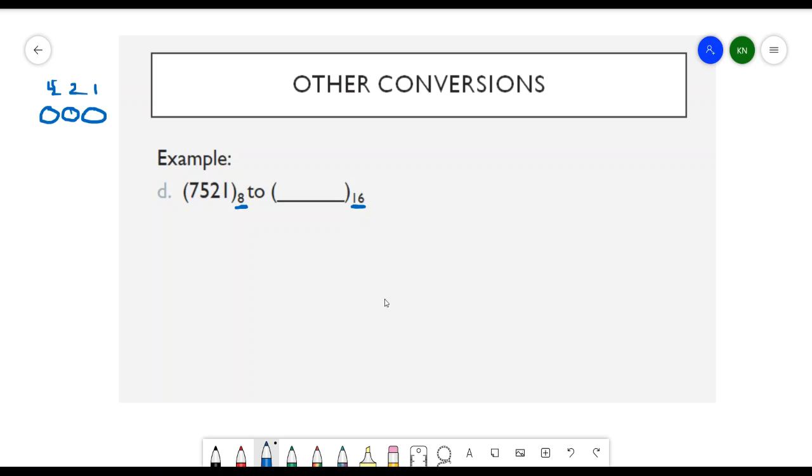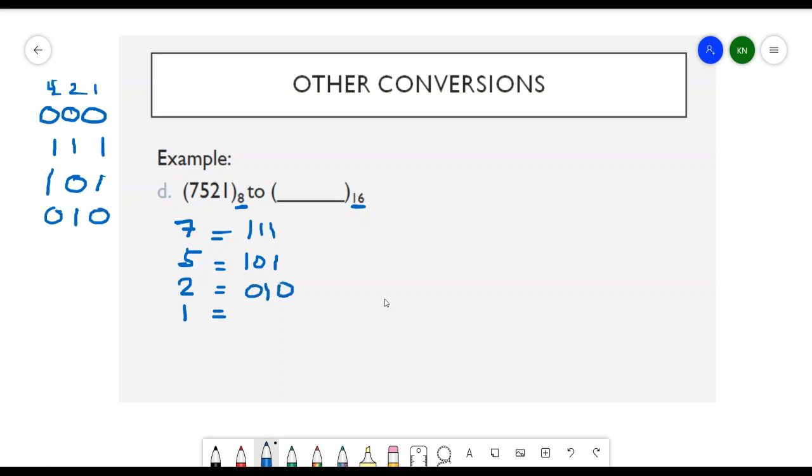So again, we need to find the equivalent binary of this one. 7 is 1, 1, 1, so 4, 2, and 1, that is 7. 5 is equivalent to 4 and 1. So we have 1, 0, 1. And then for 2, we have 0, 1, 0. And for 1, that is 0, 0, 1. So again, putting that in one line, 1, 1, 1, 1, 0, 1, 0, 1, 0, 0, 0, 1.